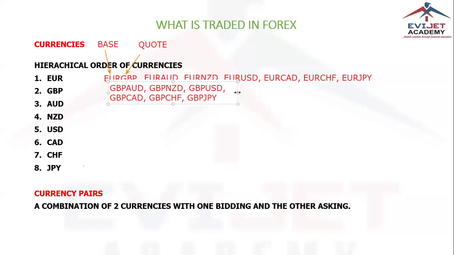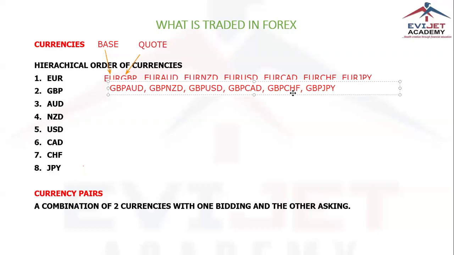Okay, so you can see here now that GBP is in front of all these other currencies because it's second on the hierarchy. So the only currency that can be a base currency to GBP is euro. For every other currency, GBP must be the base currency.